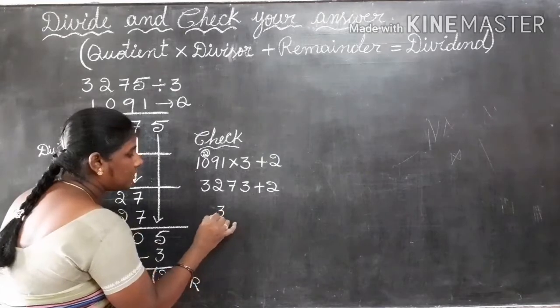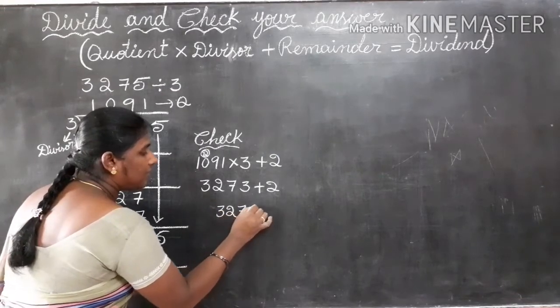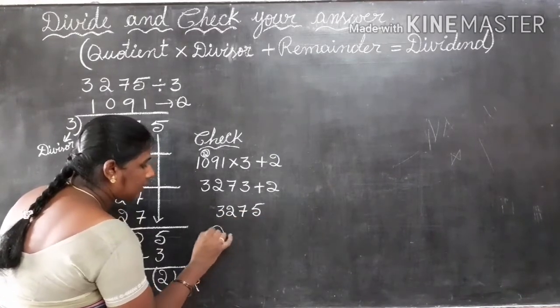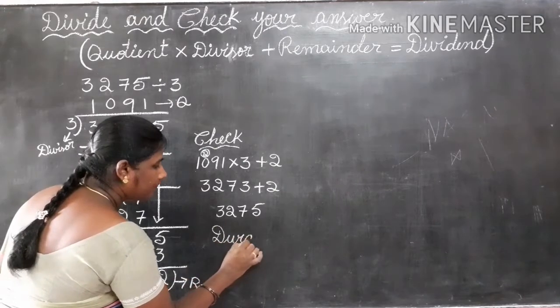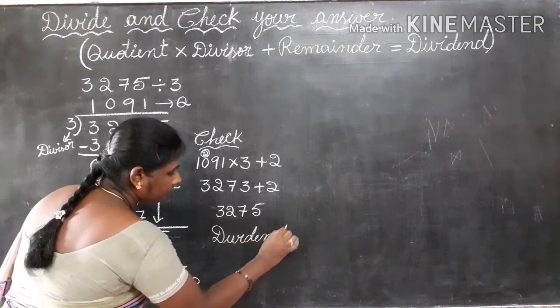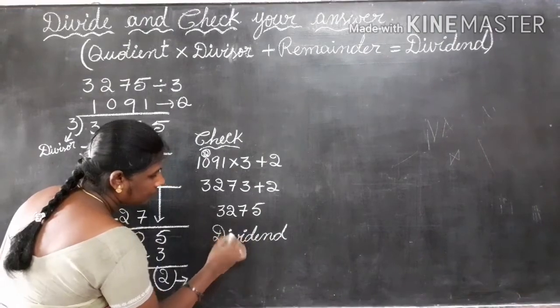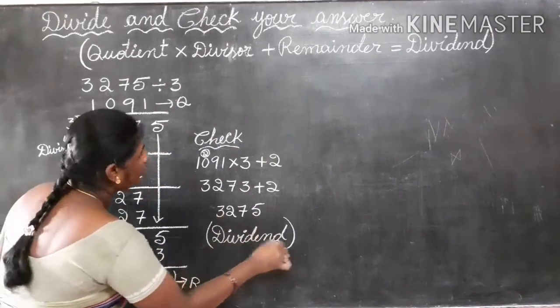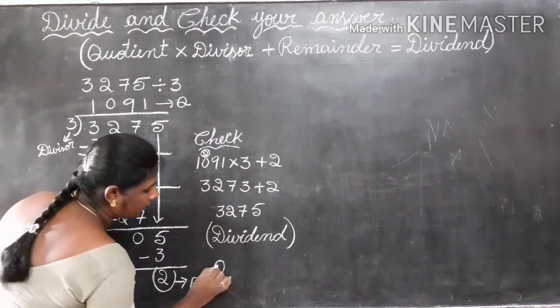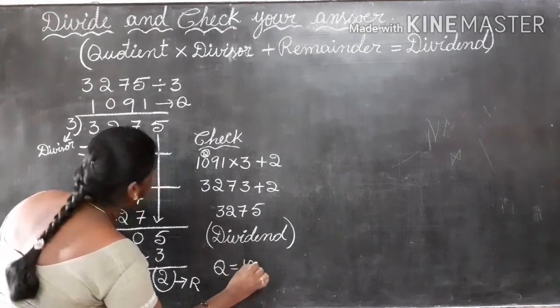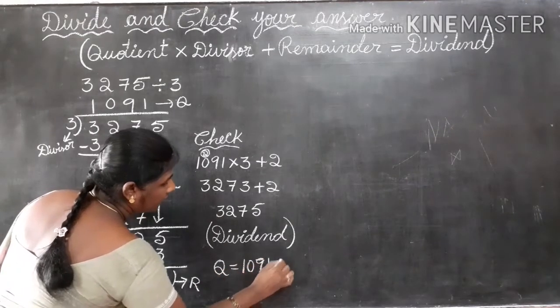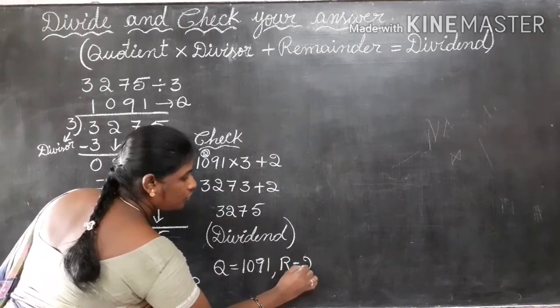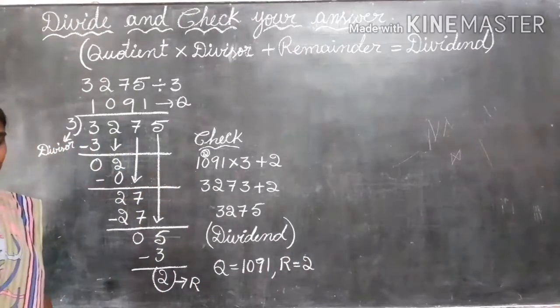How much is it? 3275. It is dividend. So how much quotient do we get? Quotient 1091, remainder 2.